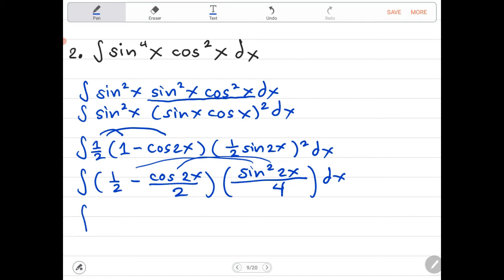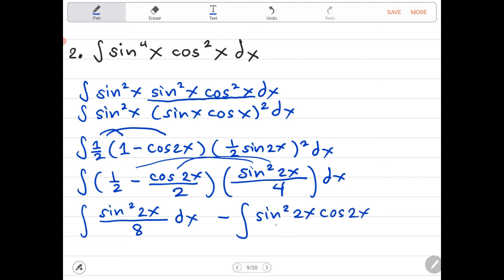So the first term we have sine squared 2x over 8 dx. Then for the second term, we have minus the integral of sine squared 2x cosine 2x over 8 dx.